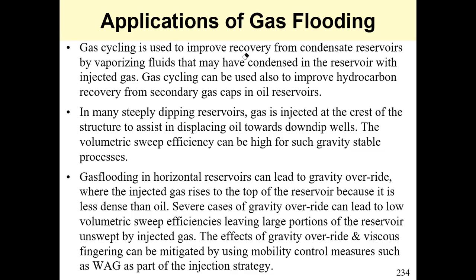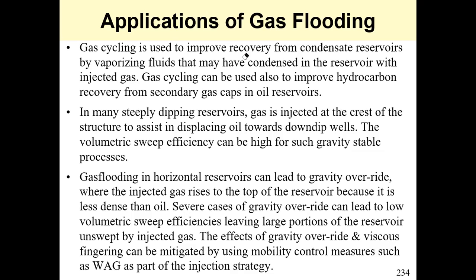Gas cycling can be used also to improve recovery from secondary gas caps. Now, in many steep dipping reservoirs, gas is injected at the crest so that you can also leverage gravity drainage, and typically that gives you a gravity stable process. Gas injection in horizontal reservoirs can lead to gas gravity override, and we've seen that earlier, where injected gas rises to the top because it's less dense than oil.